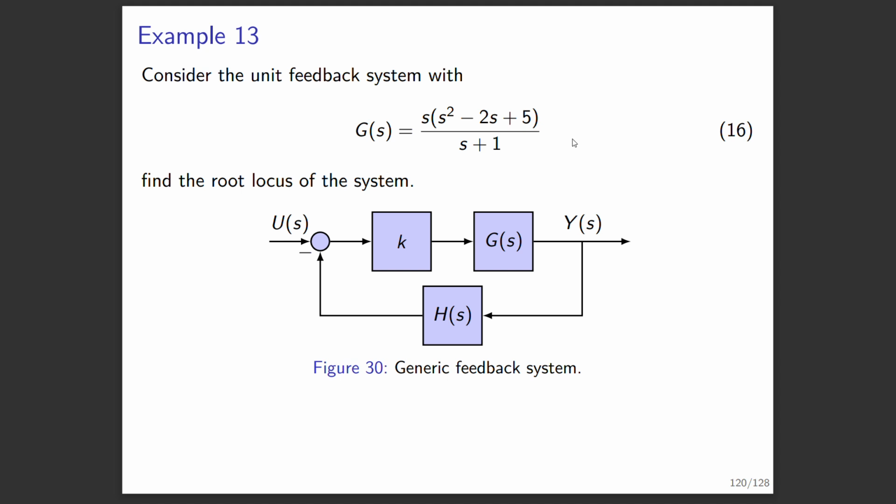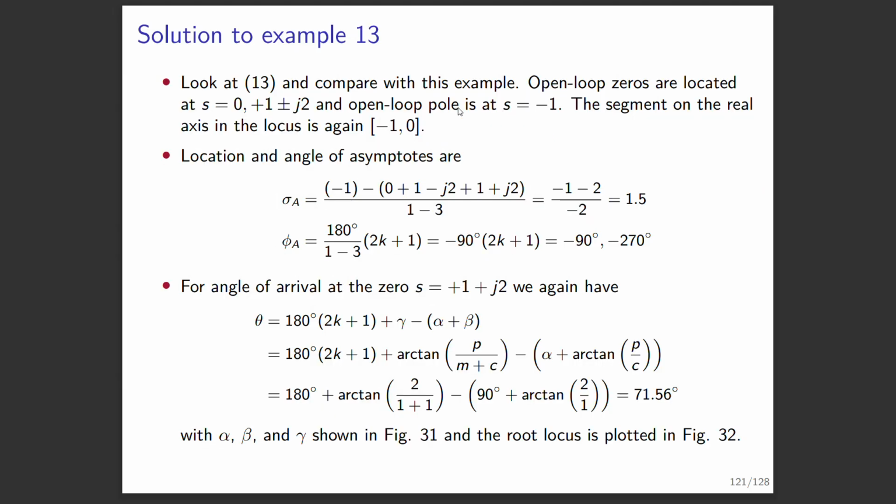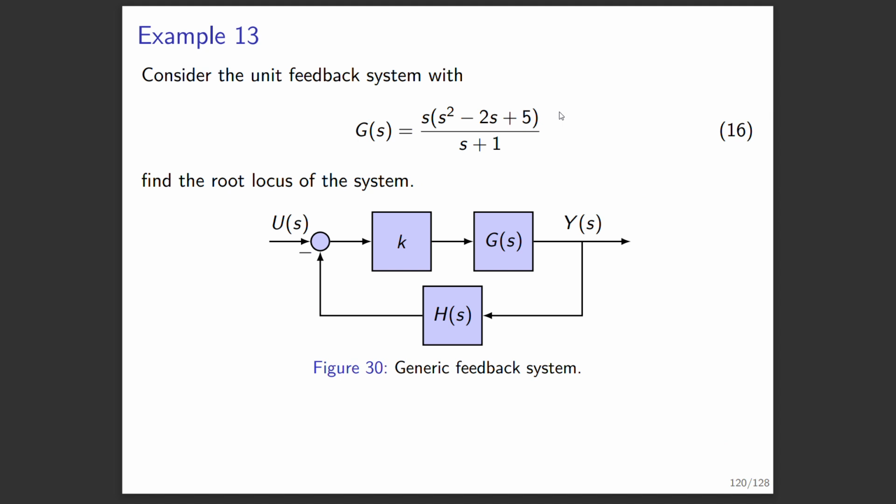Let's see this example. We have now 1 pole and 3 zeros. Okay, so now this is the only example here that we have more zeros than poles. We follow the same rules. The number of separate loci is, so I have 3 zeros, 1 pole. The number of zeros is more, so I have 3 separate loci.